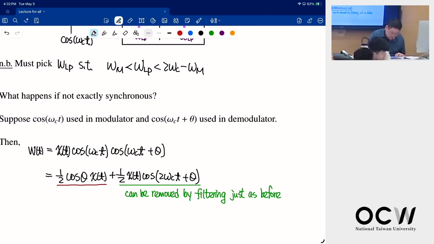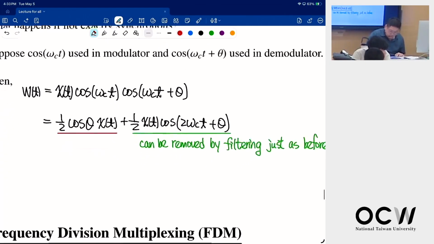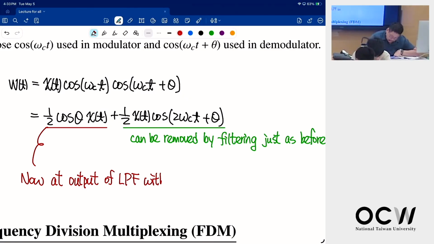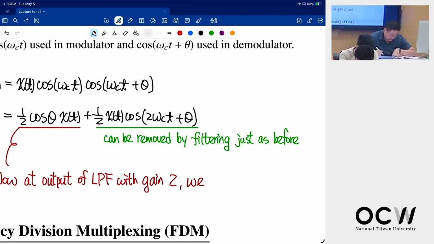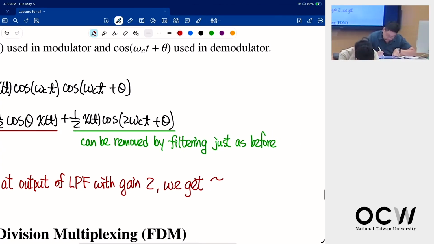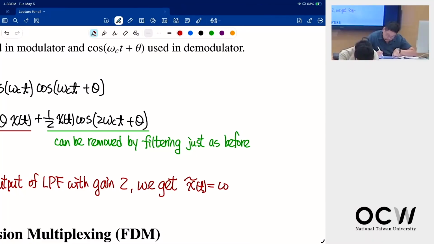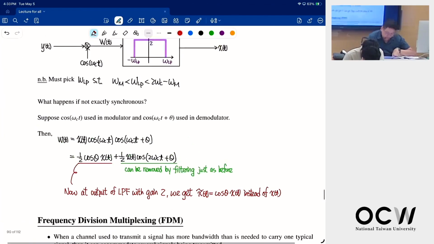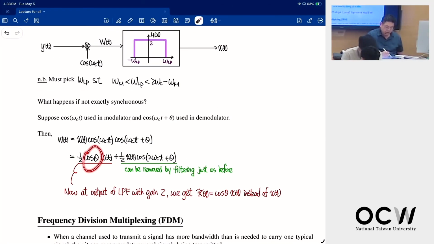But for this one, at the output of the low pass filter, and again with 2, we may just get a pretty close signal, that is cosine theta x(t), instead of just the original signal. So we'll have the cosine theta.